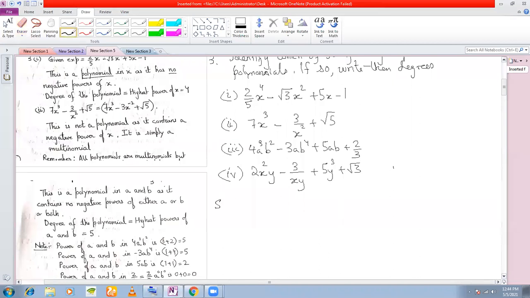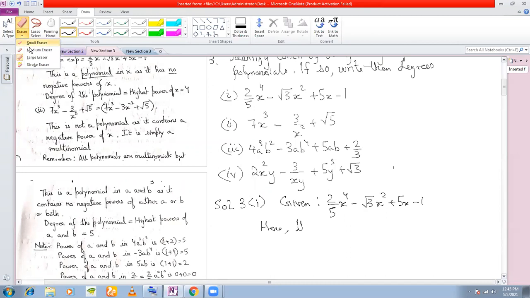So let's check which one is a polynomial, and if it is a polynomial, we'll see the degree of the polynomial. So consider the first one. Given 2/5 x to the power of 4 minus root 3x square plus 5x minus 1. So what do you see here? Here all the powers of the variables are non-negative.